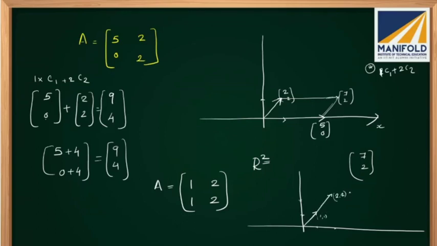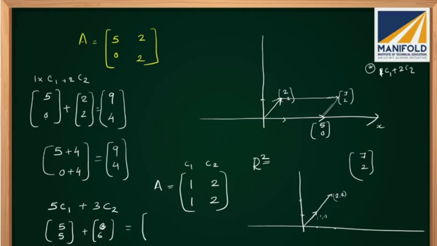Now you can say that it cannot span the complete space, because whatever combination of these two columns you take, you will always lie on this particular line. This is C1, column 1, and this is column 2. Let us take an arbitrary combination of 5 times C1 and 3 times C2. 5 times C1 will be 5, 5, and 3 times C2 will be 3 into 2, 3 into 2, 6, 6.